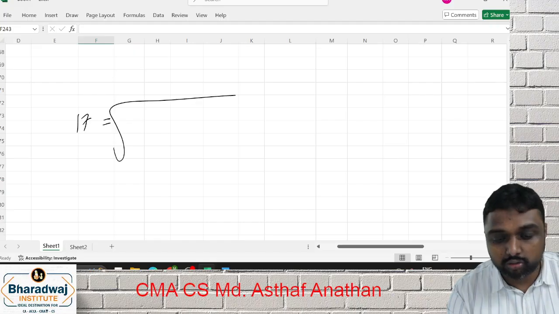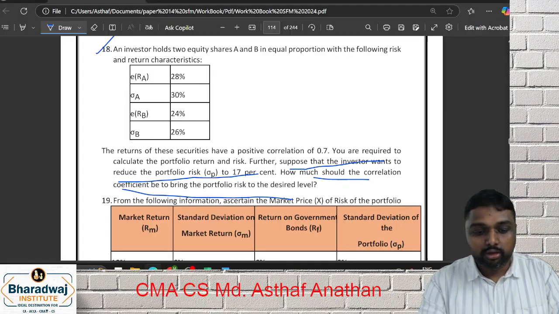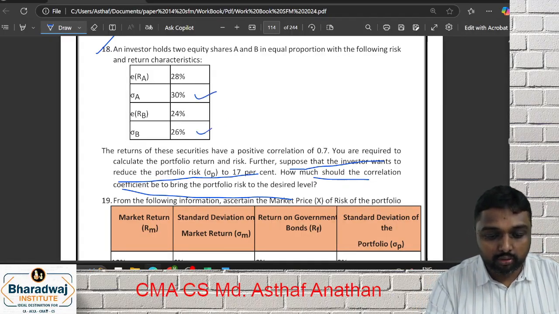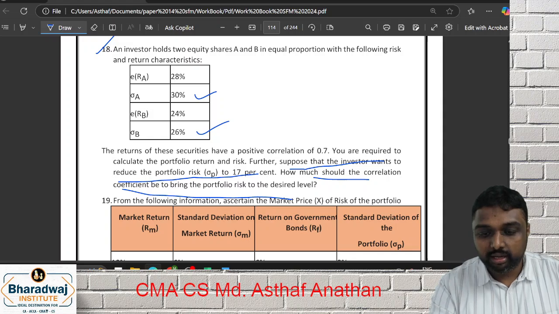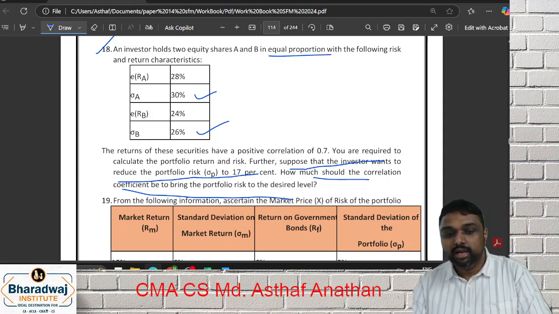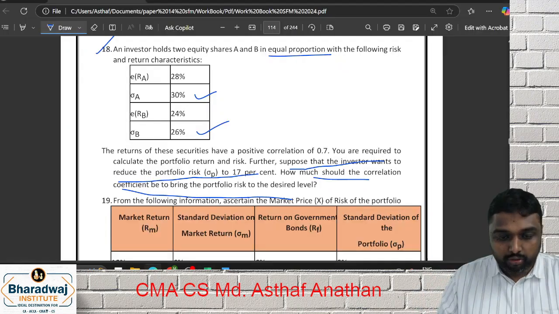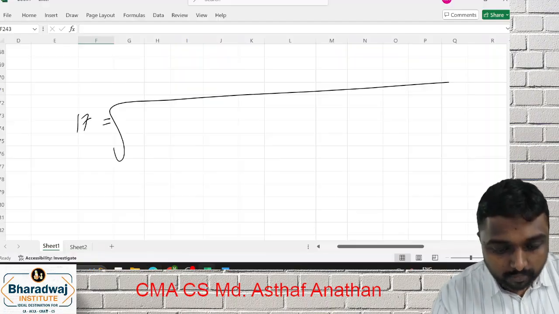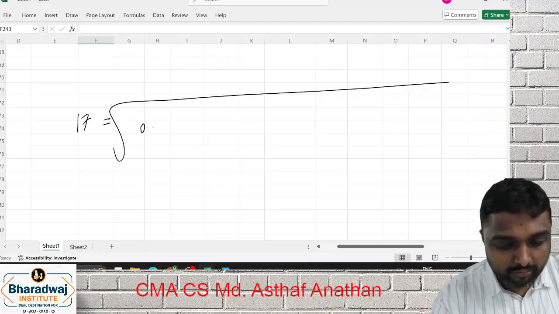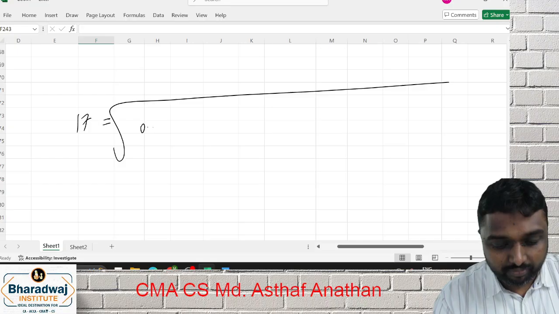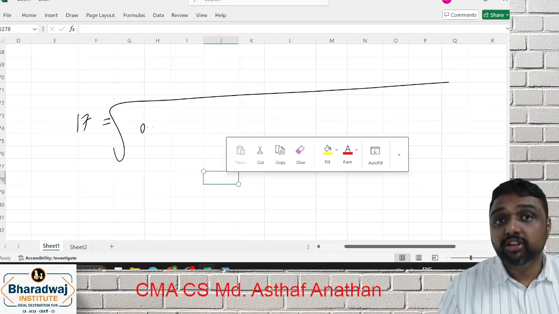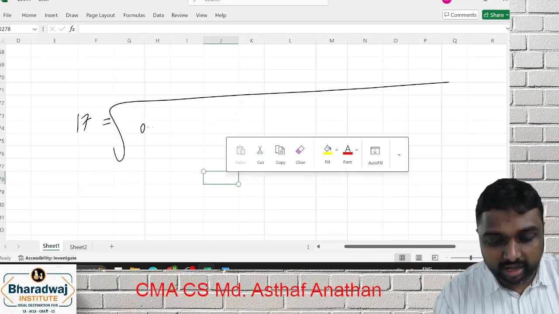Then you have to enter in the formula. You have 30 and you have 26. What is the weight? Equal proportion. So you have to go for 0.5 into 30. First two parts, risk and return, we know already.